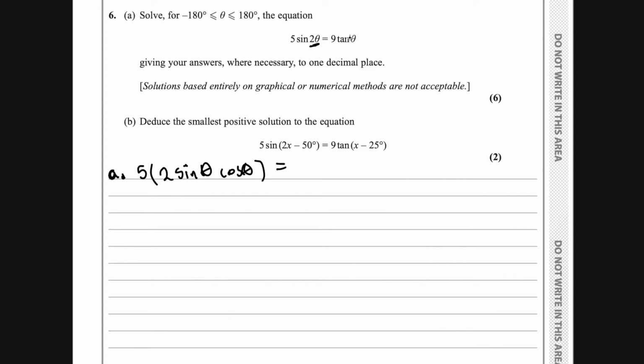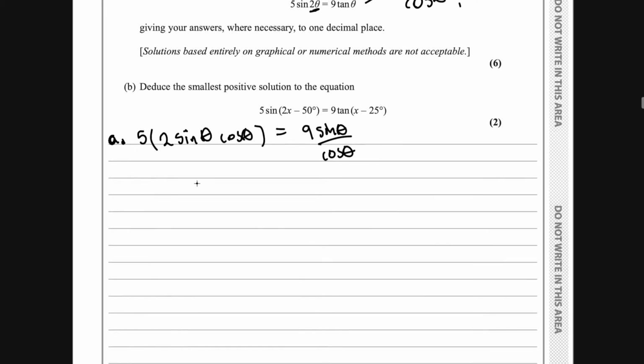But what I really want to stress here is this idea that when you've got sine theta terms and cos theta terms, and perhaps an odd tan theta term, what you really want to be doing is turning that tan theta term into sine theta over cos theta. So I'm just going to apply that in there. So now we've got this whole equation in sine theta and cos theta terms only.